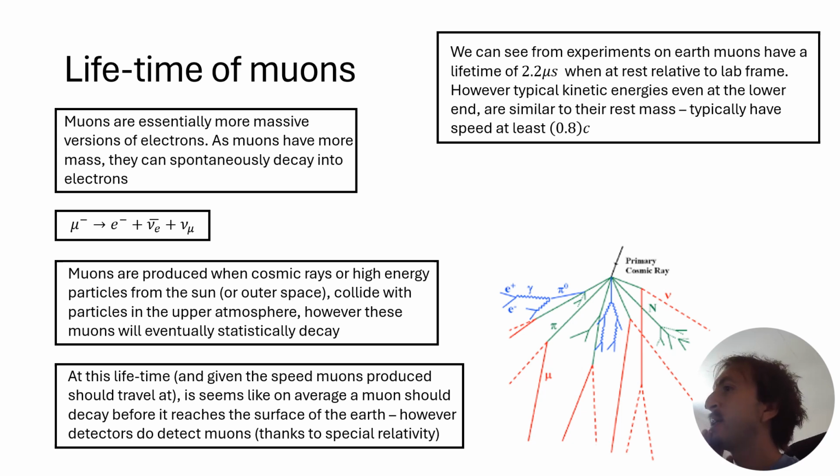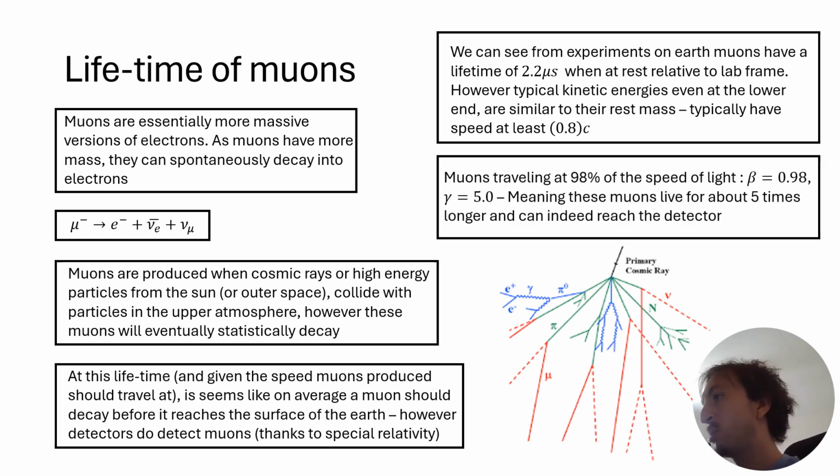But the key thing is, there are plenty of muons in fact that are moving relativistically, and they have to be moving relativistically, because the only way we can detect them is if, from our perspective, they're taking a lot longer than 2.2 microseconds to decay. So if we take, for example, a value of beta of 0.98, and there are some values of beta which are larger than this for muons that reach detectors.